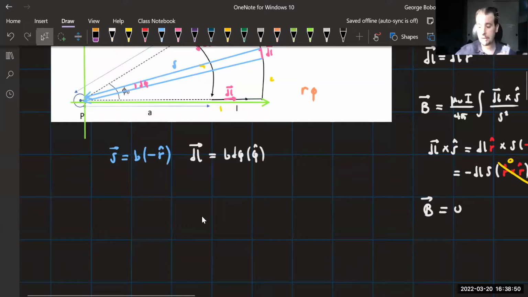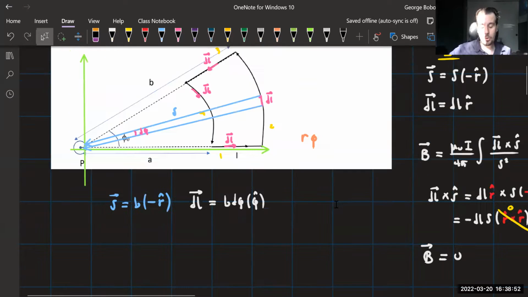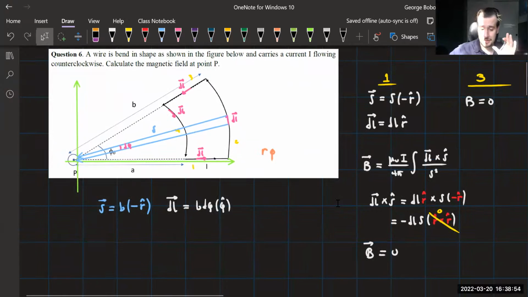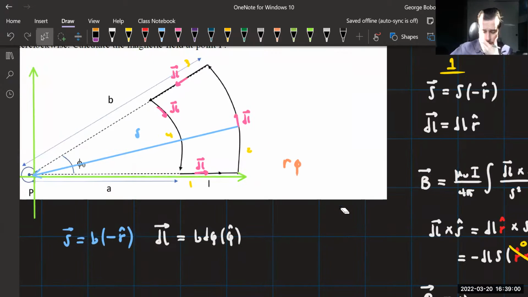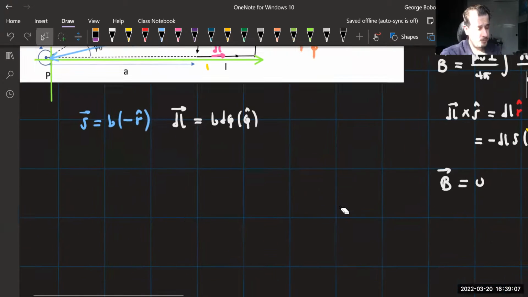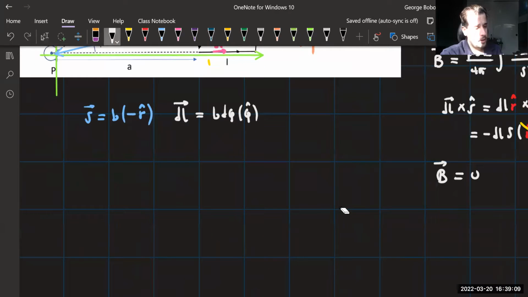There you go. Okay, so let's think for a second. I'm going to delete that bit here. Let's think for a second how we can deal with this right now. We will need to take the cross product between them. We know that. Okay, so I'm going to go ahead and prepare it like this.